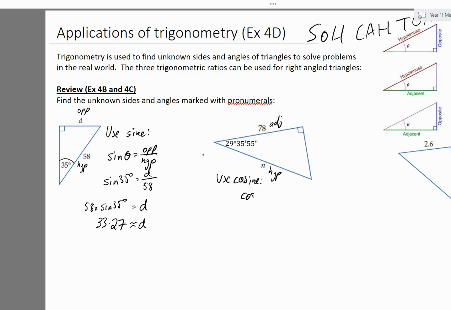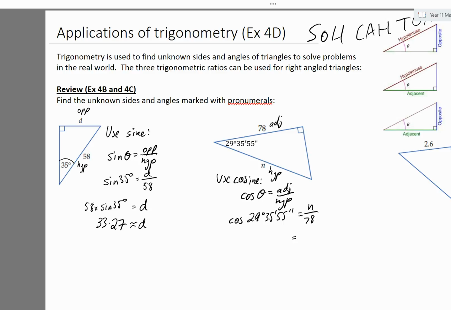State the rule for cosine, and then substitute in all the values that I know. So cosine of 29 degrees, 35 minutes, 55 seconds equals n on 78.